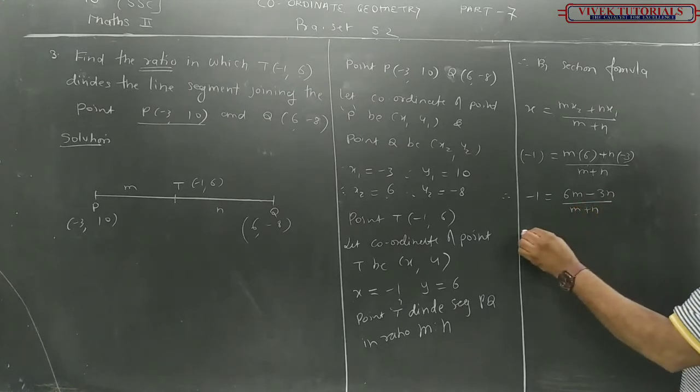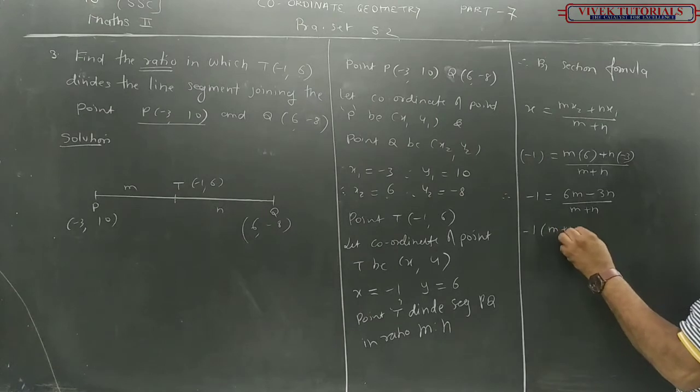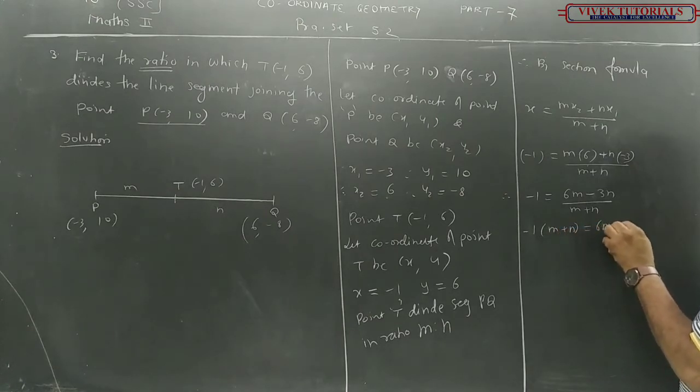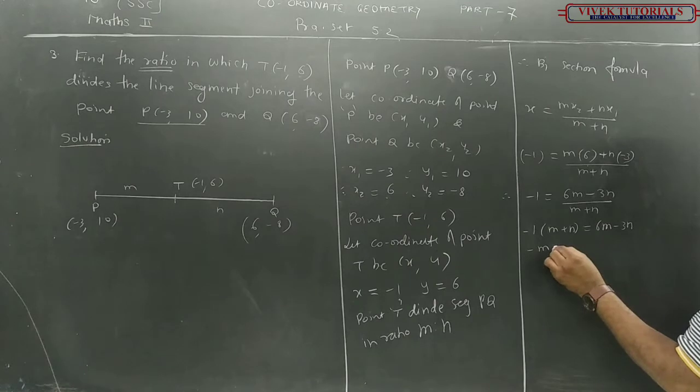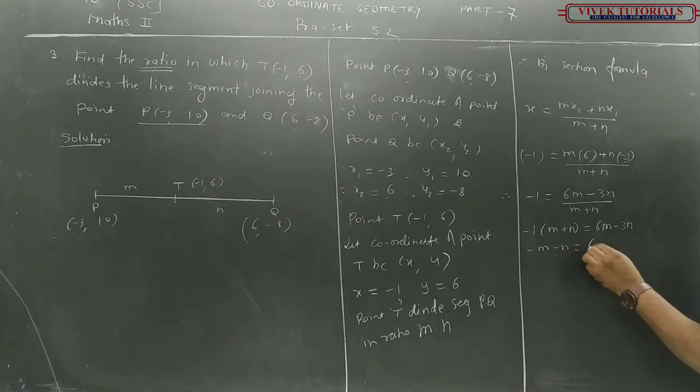So -1 into (m plus n) is equal to 6m minus 3n. So what you are getting is minus m minus n is equal to 6m minus 3n.